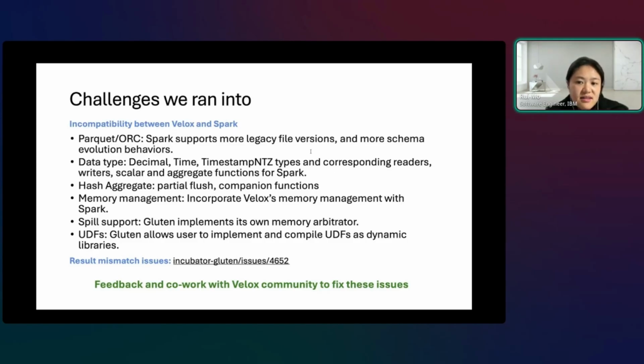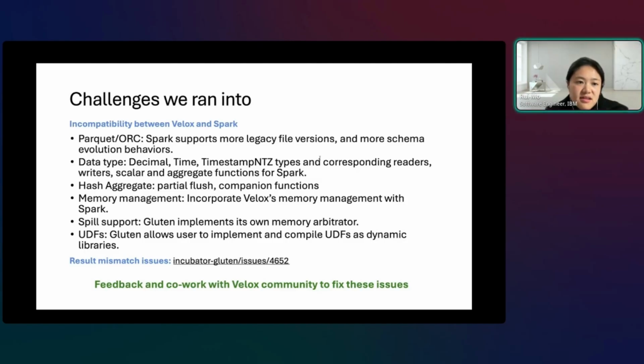To address this, we needed to extend Velox's readers so they could fully cover these Spark-specific behaviors. We also needed to extend existing data types and support corresponding readers, writers, functions for Spark.